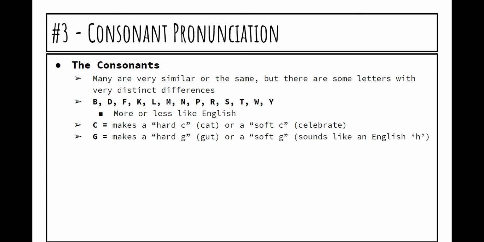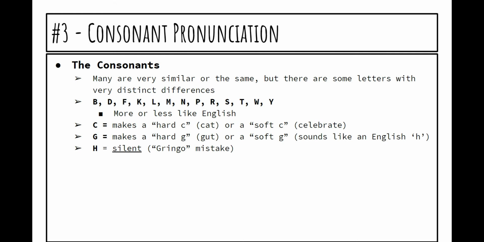The English G, or the Spanish ge, makes a hard G, as in gut, or a soft G. So in English, we have a soft G, but it doesn't make the same sound as the Spanish. In Spanish, the soft G is like the English H. So you could have a gordo or terminar. Both start with the English letter G, Spanish ge. The English H, the Spanish hache, is silent in Spanish.